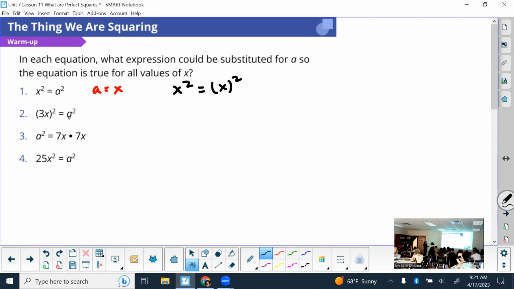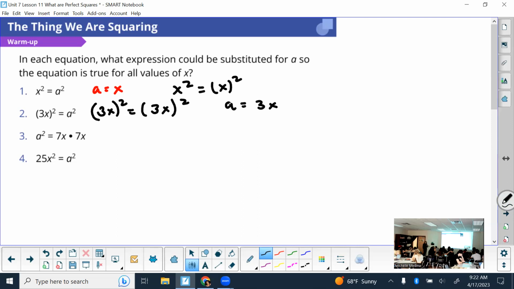What could I plug in for the A here to make it equal? 3x, right? Because this is what my left side is. If I plug it into A, and remember, you're supposed to use parentheses every time you plug stuff in, it's equal now. So for the second one, A should be 3x, right?